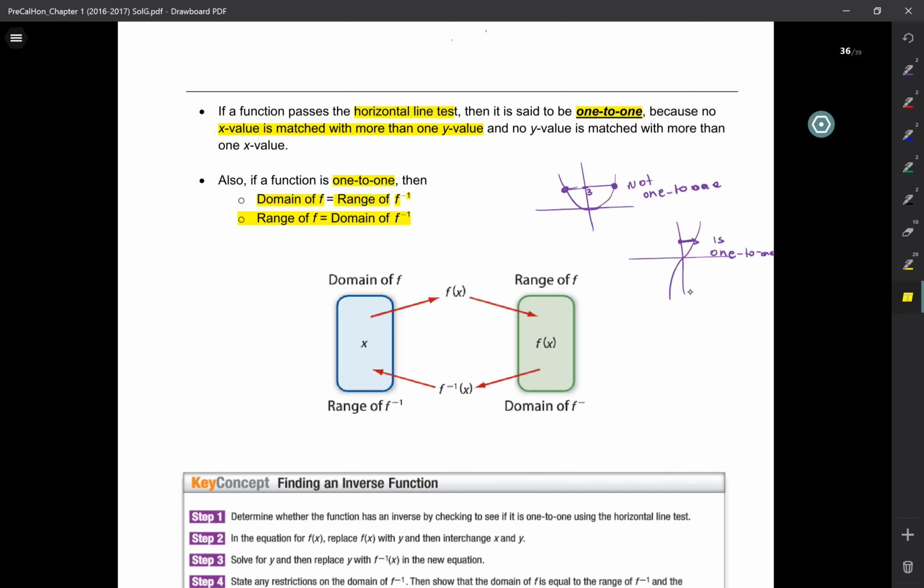So domain and range get to flip-flop. If I have f of x and f inverse of x, the domain and range switch: the domain of one becomes the range of the other.